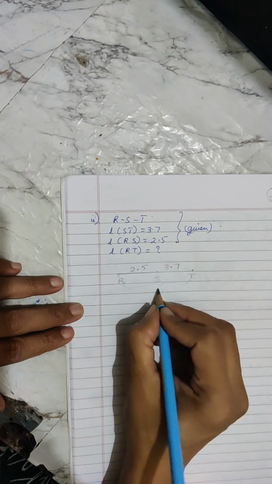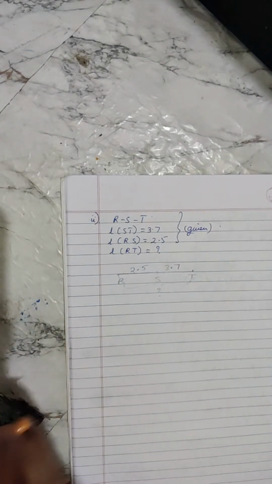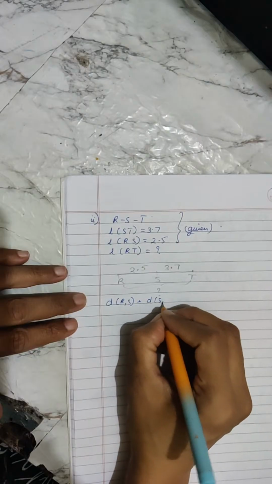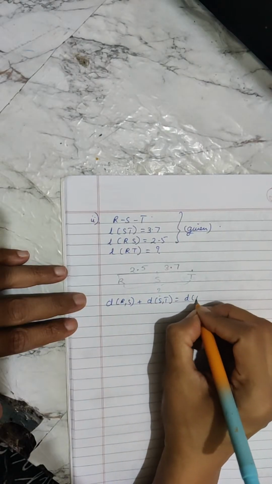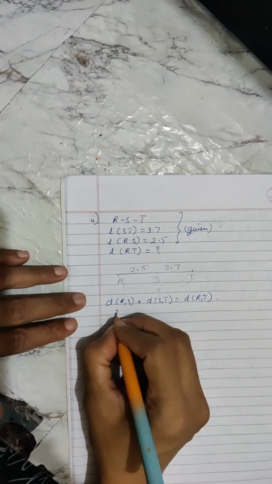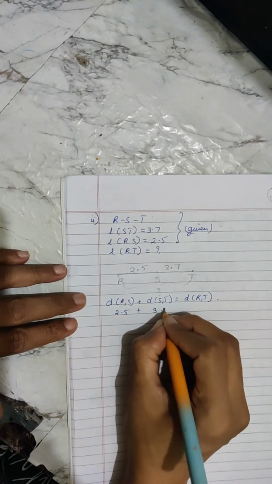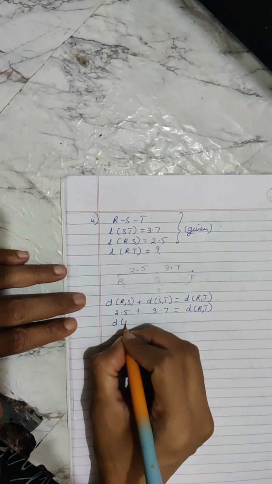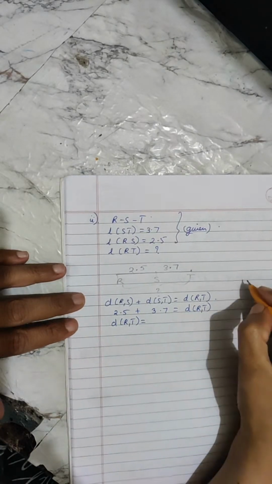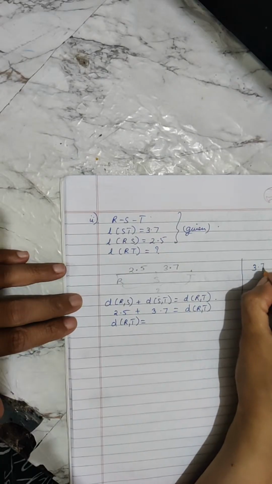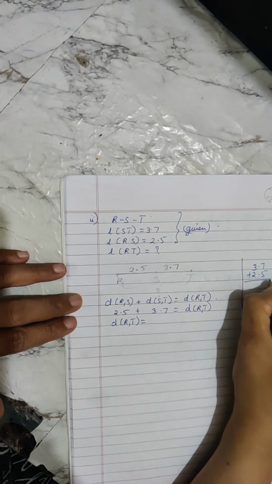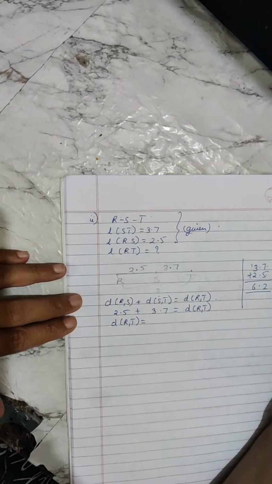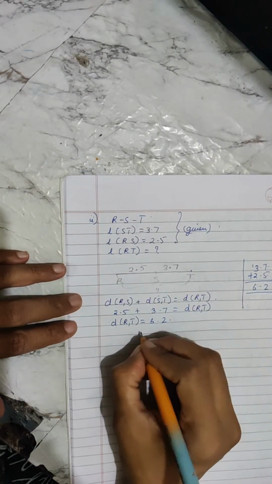You have to find RT, right? So distance RS plus distance ST is equal to distance RT. So this is 2.5 plus 3.7, it's distance RT. So just add, again we'll do a bit of rough work. 3.7 plus 2.5, 5 and 2 is 12 and 6. So the answer will be 6.2.